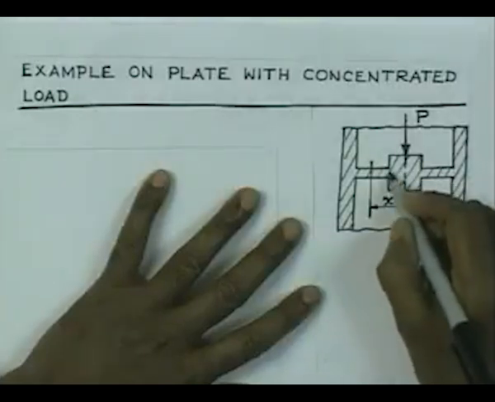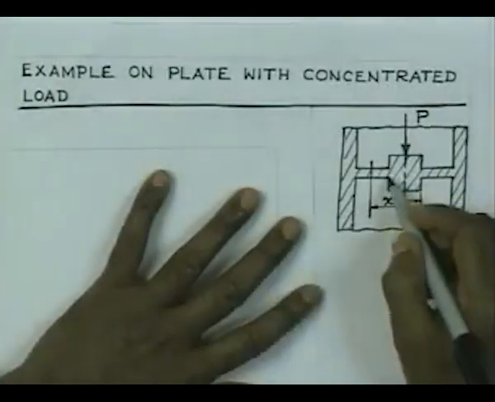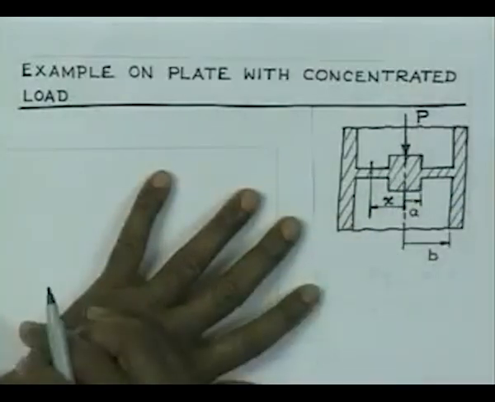Similarly, this dimension is so very large compared to the thickness of the plate here, and therefore, we can consider that this is also an edge with clamped conditions.